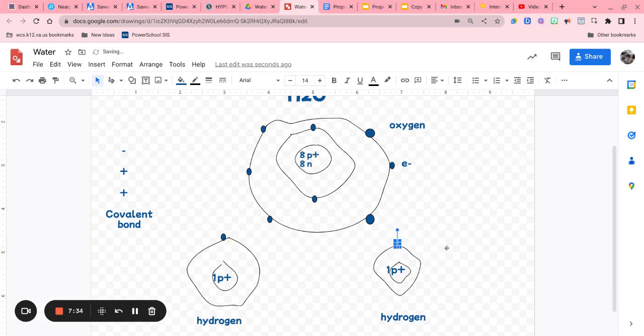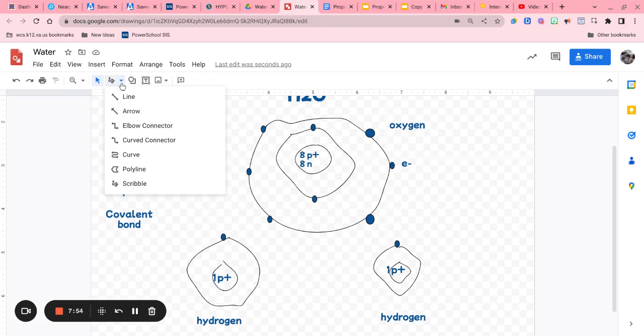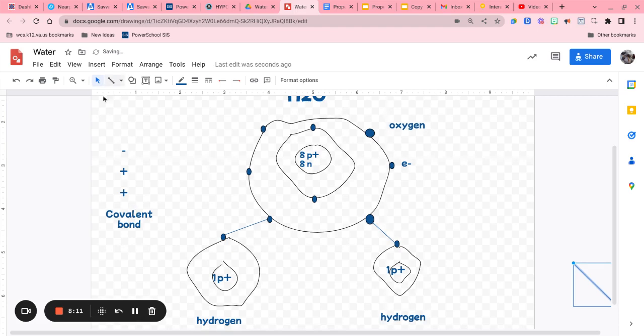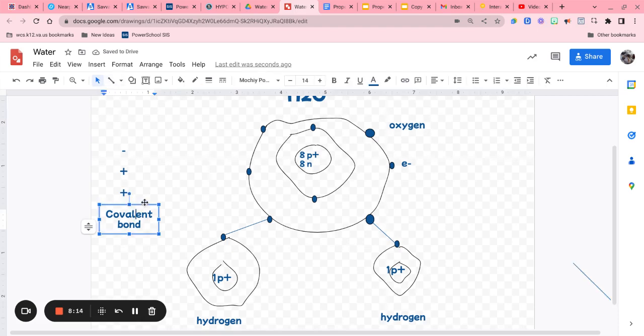Now, our second conundrum is that our hydrogens only have 1 electron on their outermost energy level, and they need an additional one. So where will that come from? It's going to come from the oxygen. So they're going to share a pair of electrons. And this is called a covalent bond.